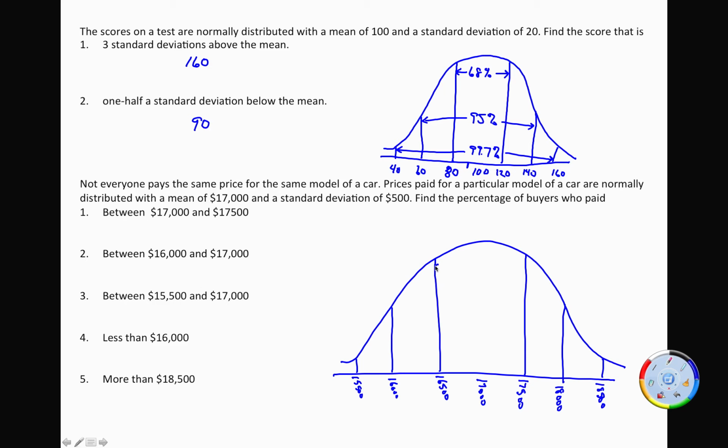And once again, I know that this is 68%. This is 95%. And this is 99.7%.